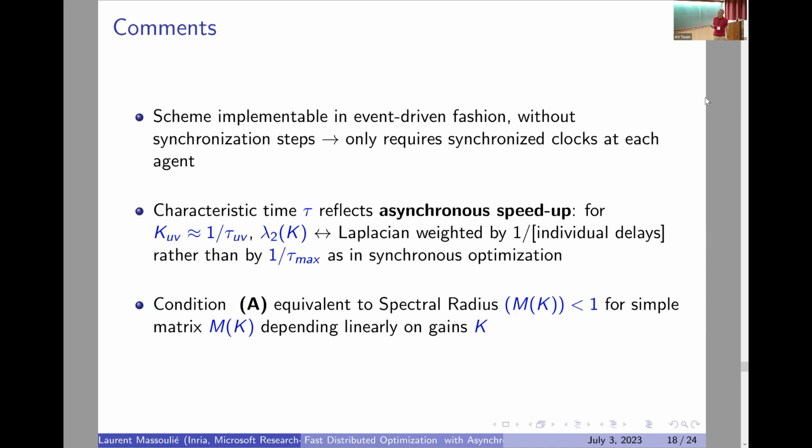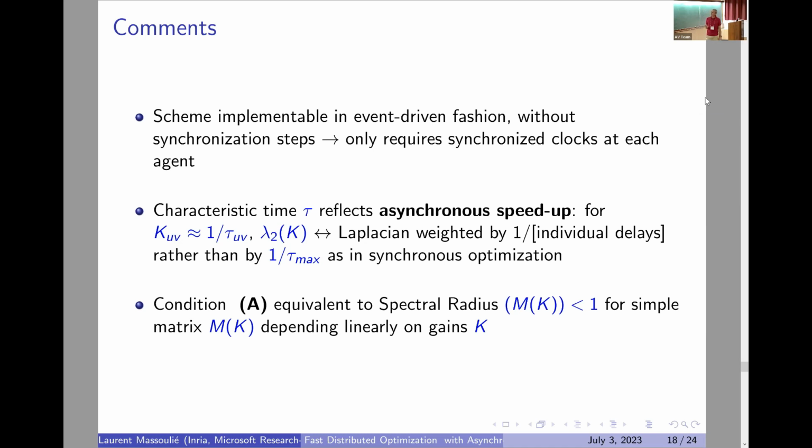More importantly, if you had those delays in communications and you decided to optimize using a synchronized approach, then you would do one communication stage. This would terminate by the time all communications have taken place. So this would be driven by the largest of the tau UV.